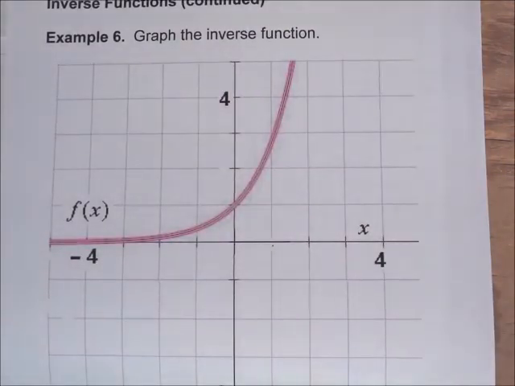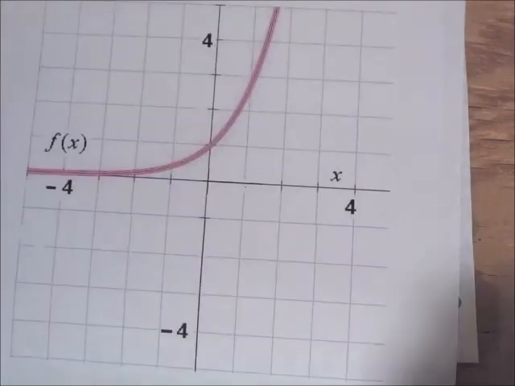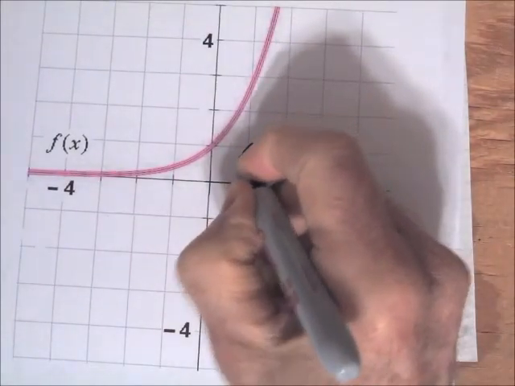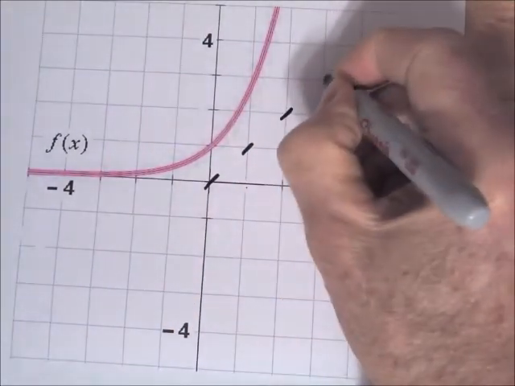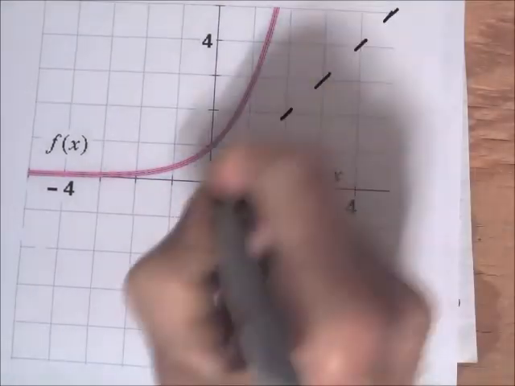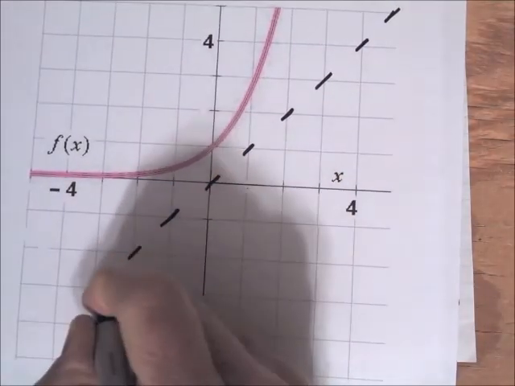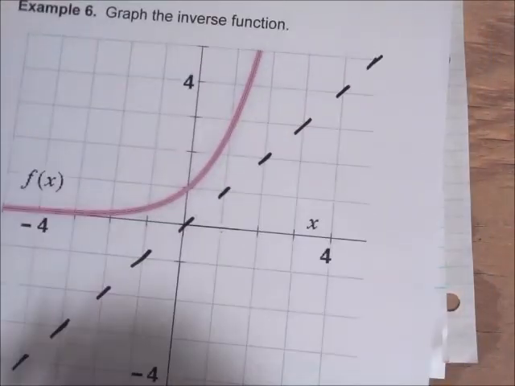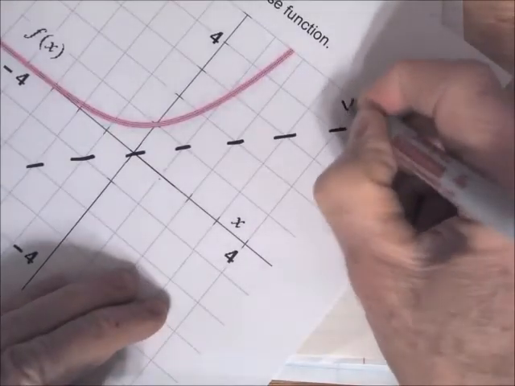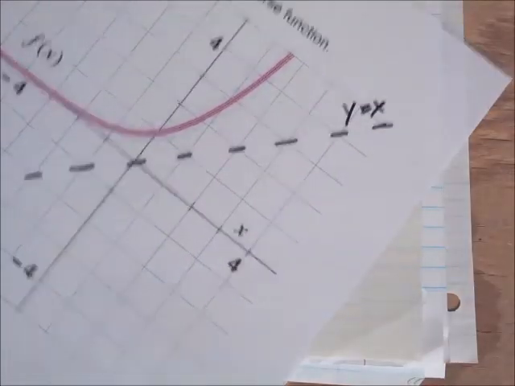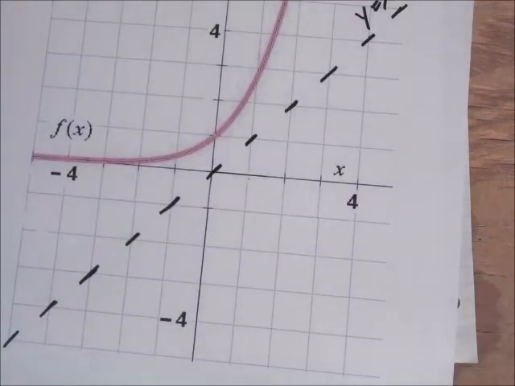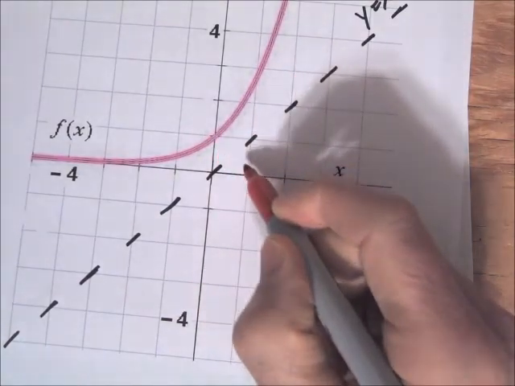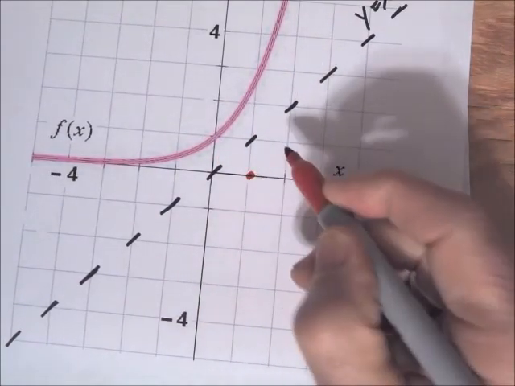And the way we can get the inverse is to reflect it across a dotted line. So I'll make a dotted line here. This dotted line is the line where y equals x, and we want to reflect the graph across that line. So this point here, if we go straight across the line, we get a point here.